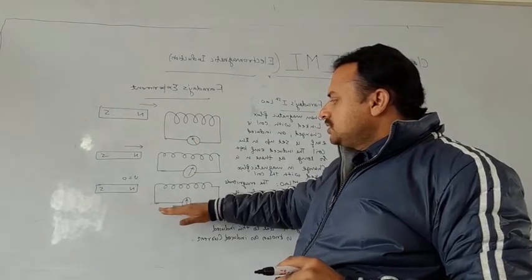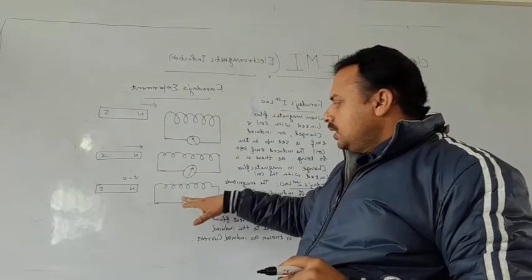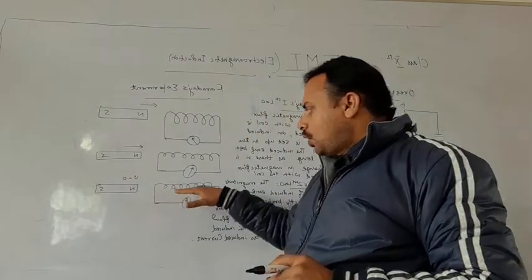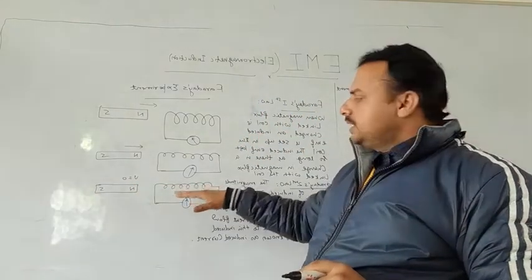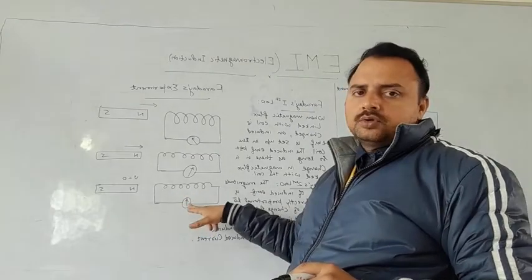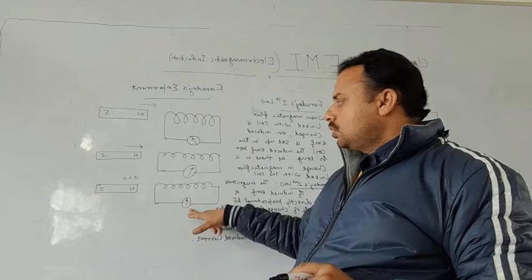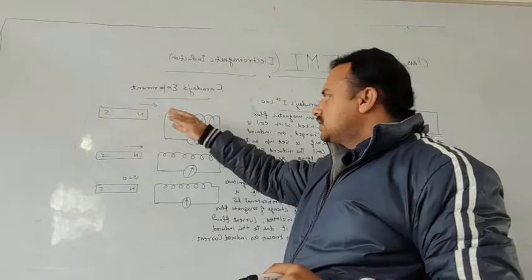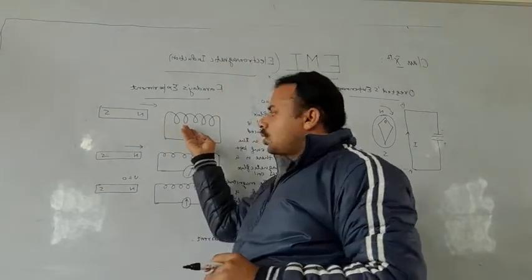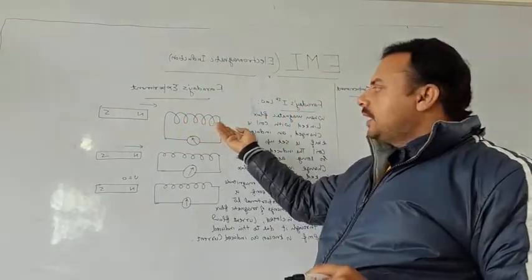So if we see in this figure, if the magnet is stationary and the coil is also stationary, in this case we will see there is no deflection in the galvanometer. So the next step is, when we move the magnet toward the coil, what will happen?